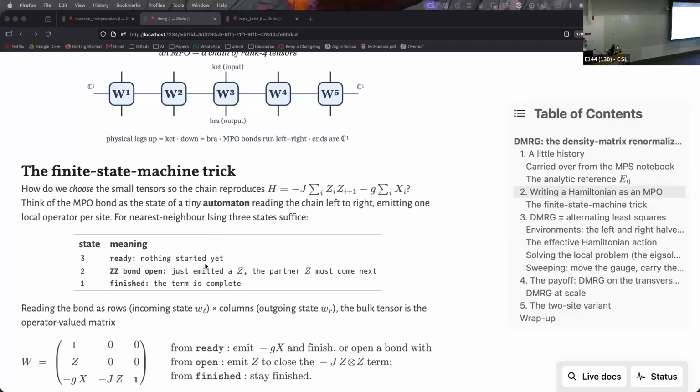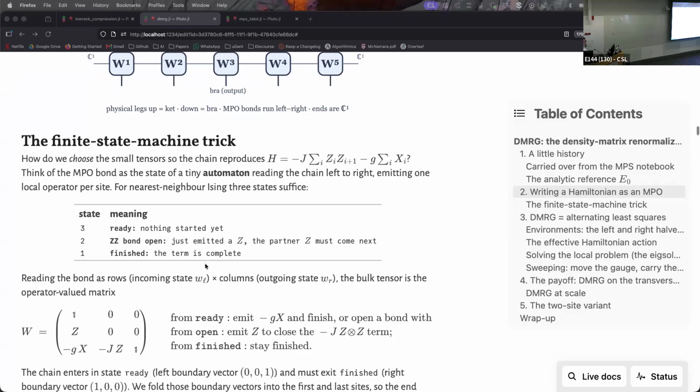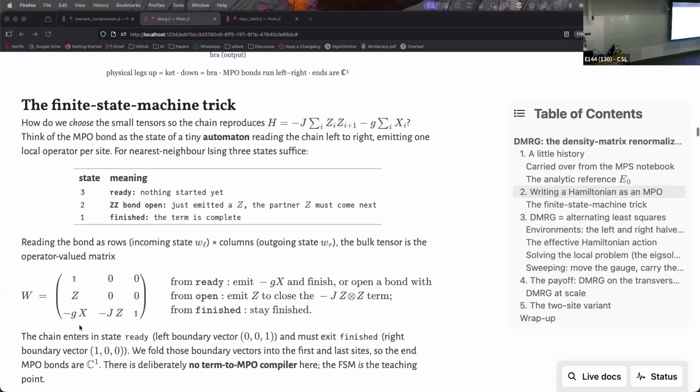And this entire thing can be encoded in a transition matrix. If you squint at it a little bit, you can see that if I map my three states, ready, half applied, and finished, to the rows and columns of this matrix, then if I just multiply this W matrix together a number of times for each site, I will in fact sum the entire Hamiltonian again.